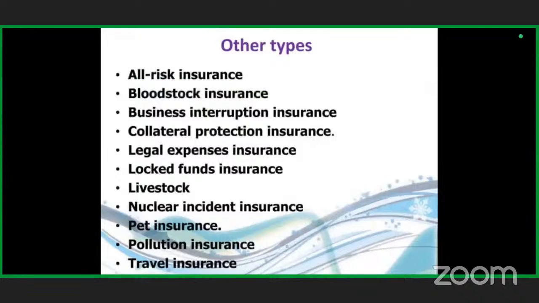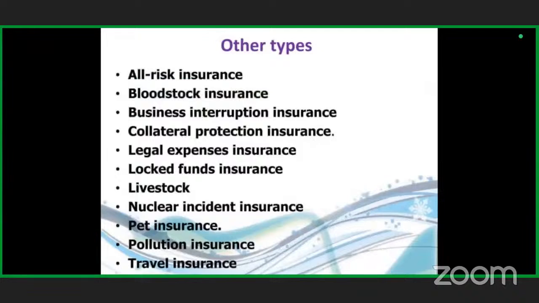For example, if you have a cattle farm, you are a businessman in the meat or dairy business with buffaloes or cows, those are called livestock. Then nuclear incident insurance, and pet insurance, meaning if we have a cat, bird, parrot, dog, etc. as pets, you can take insurance on those pets also.